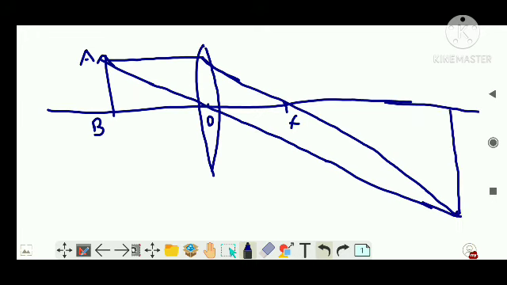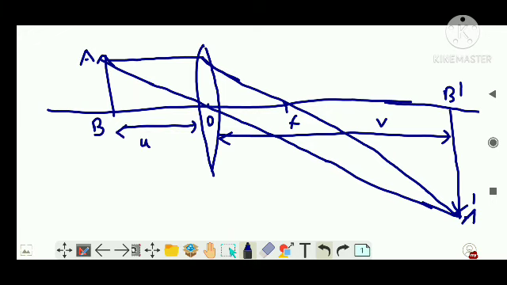So the image is this one, right? This is B dash, this is A dash. Now this distance from the optical center to A dash is our image distance V, and this is the object distance, that is U. Let's say this angle is theta, then this angle also will be theta. I hope you understood the parameters.